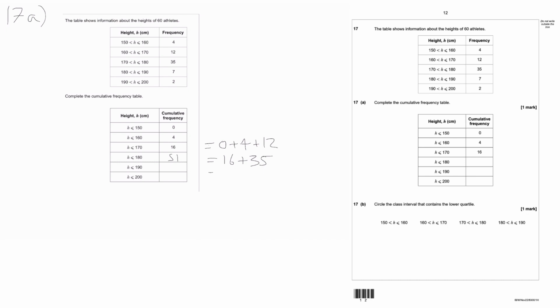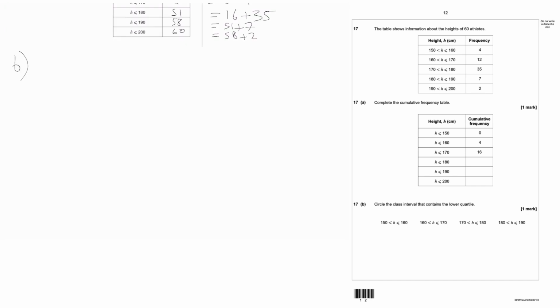So this is going to give us 51, and then to this 51 we add the 7 between 180 and 190, so this gives us 58, and then we have 2 from 190 to 200, so this gives us 60. And we know we've done this right because the last value should be the total sample size.